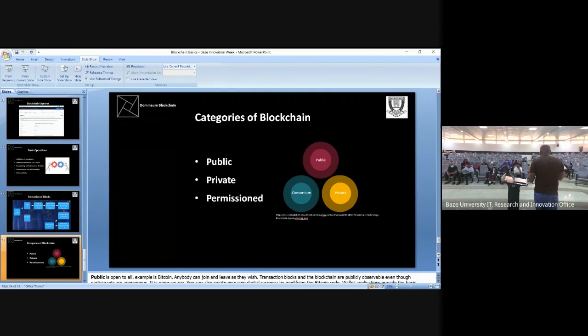It's open. What about voting? Can we have a voting system on the blockchain? As soon as the voting finishes, the results come out, and you are sure that nothing happens to it. Remember, you can go back to the chain and see every single transaction is open.